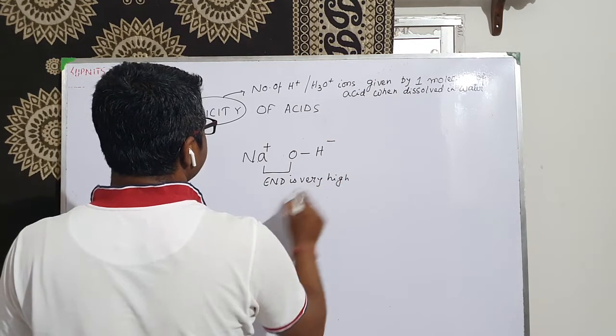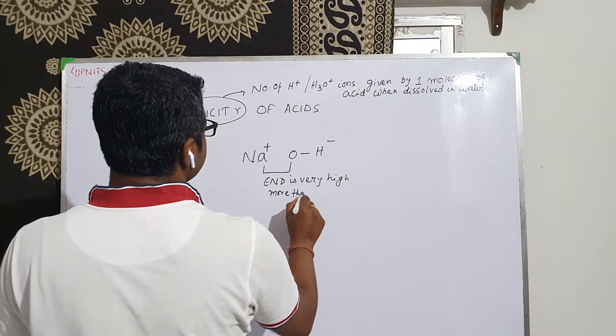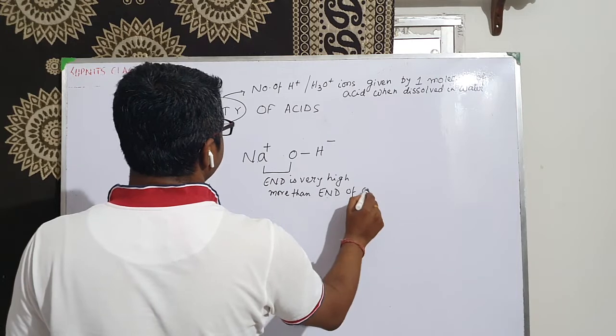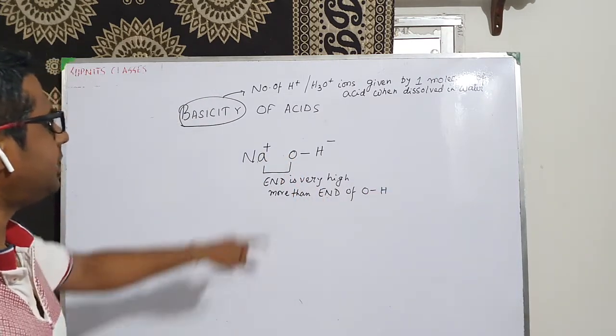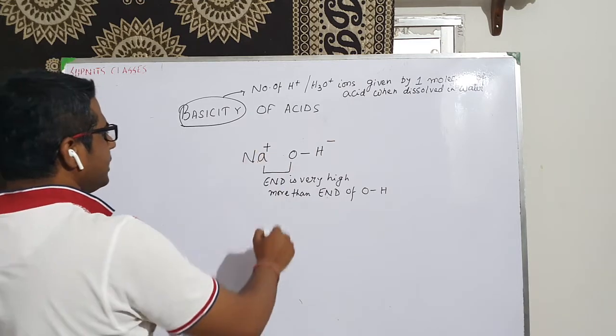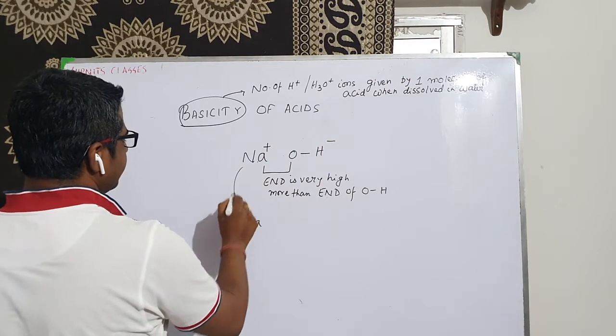Right? More than the electronegativity difference of O and H. है ना? इसका electronegativity difference बहुत ज़्यादा है, and that is why it forms ionic bond. And whenever you put this in water, it separates into ions. ठीक है?